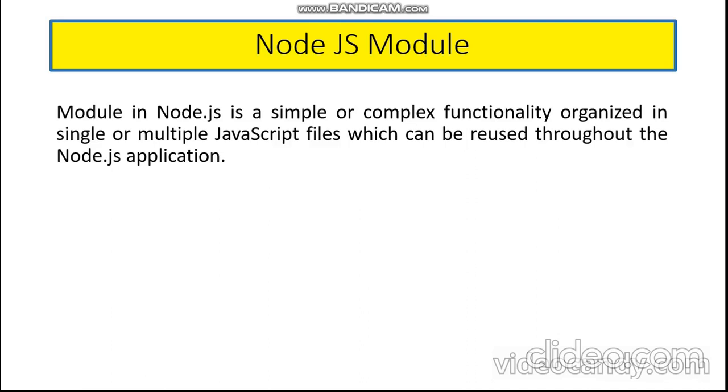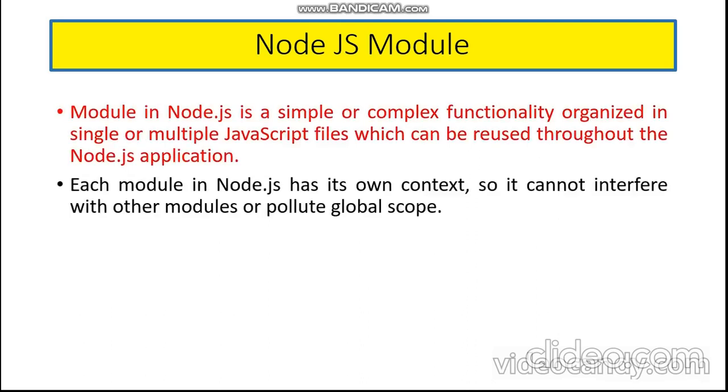Now the second point: each module in Node.js has its own context, so it cannot interfere with other modules or pollute the global scope. It simply means each module operates within its own context, meaning the variables, functions, or other declarations within a module are scoped to that module, and we cannot interfere with or pollute the global scope or the context of other modules.